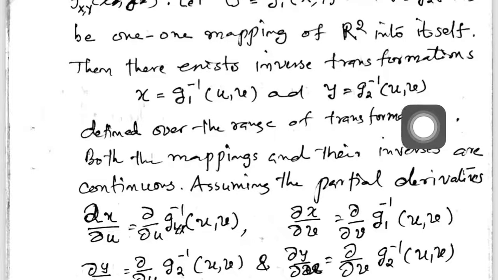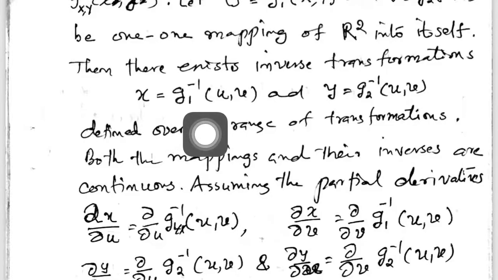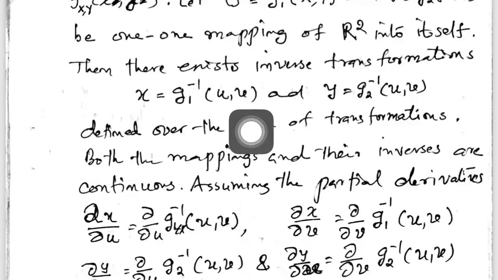In the case of a one-dimensional transformation, you know that the distribution of the transformed variable can be obtained in terms of the distribution of the original variable multiplied by the modulus of the Jacobian. You may please recall that result. And a similar result you will obtain in this case also.